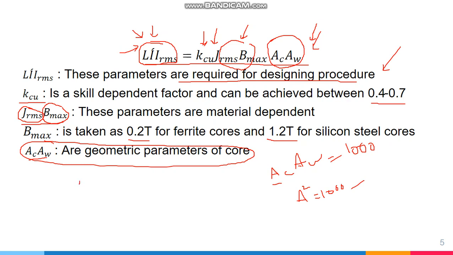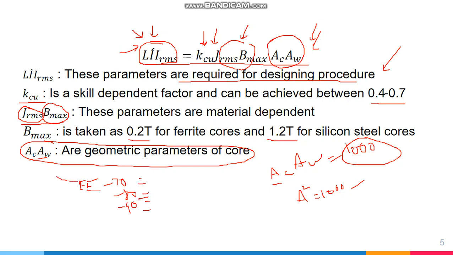So in that case you will find this area product ACAW, whatever this value is, equal to 1000. So you will go to the internet, look up some standards. For example, you will see EE70, EE80, 90 and so on.